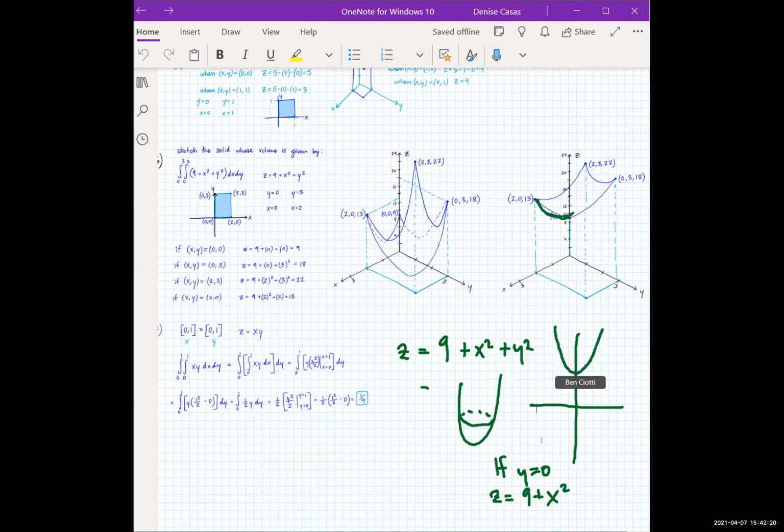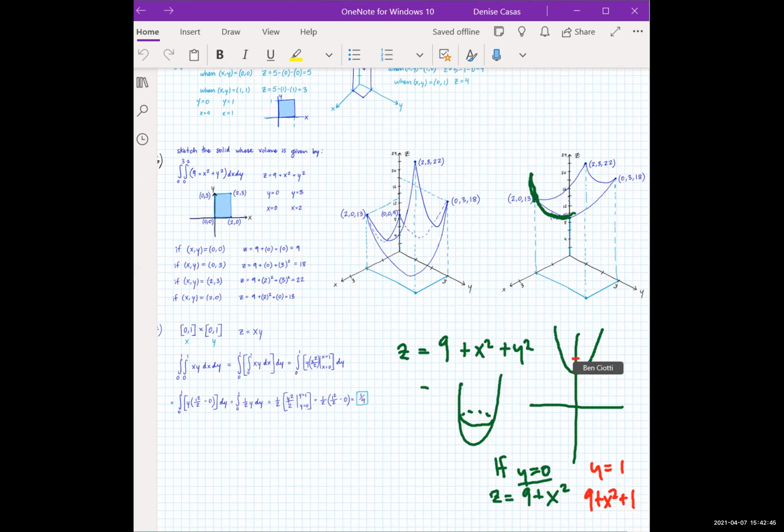So that's your y equals 0 cross section, which is exactly what you started to draw right here. And if y is equal to 1, you get 9 plus x squared plus 1, or 10 plus x squared.